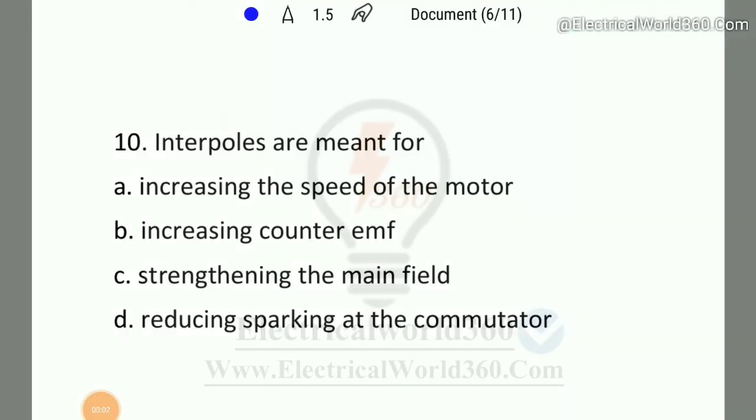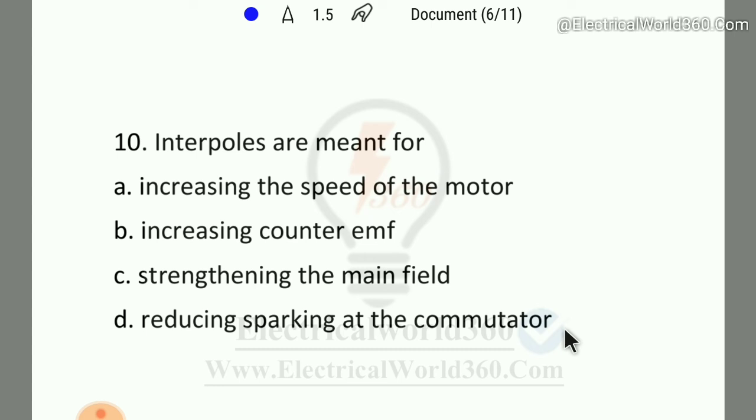So question number 10: interpoles are meant for increasing the speed of the motor, increasing the counter EMF, strengthening the main field, reducing sparking at the commutator.